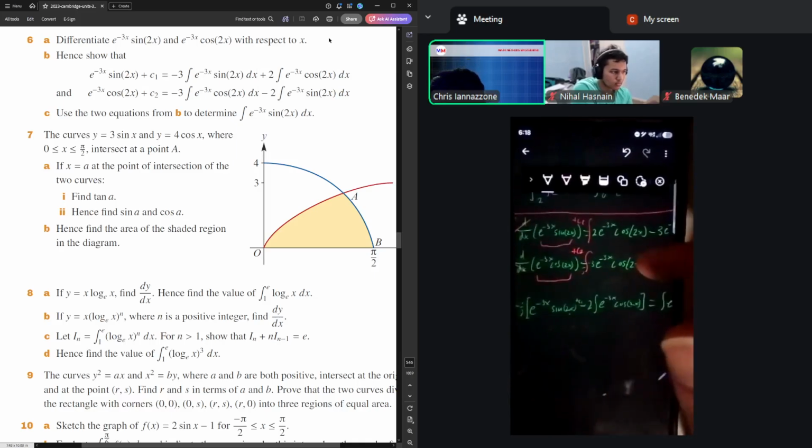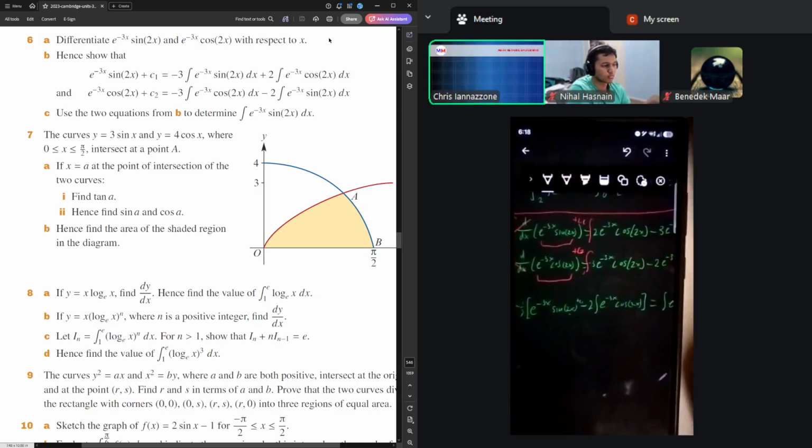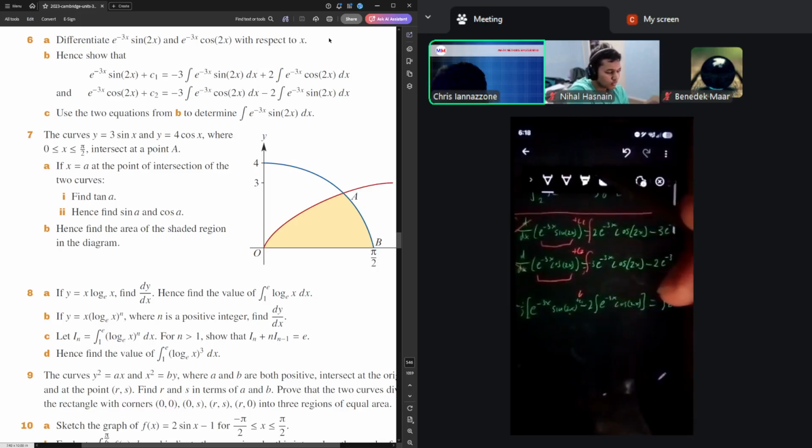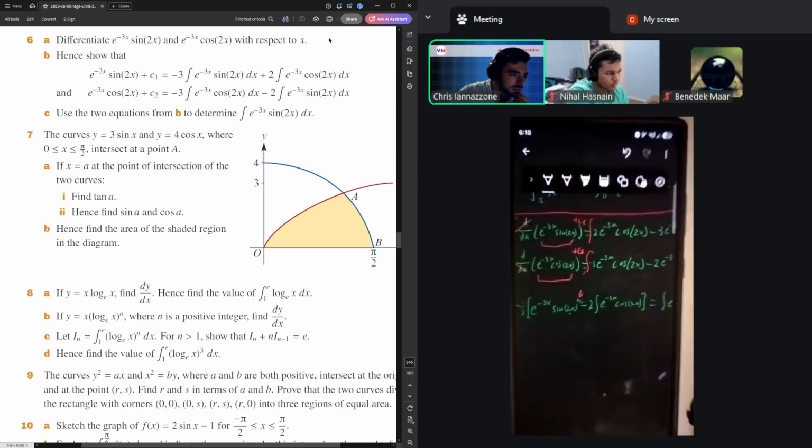Problem is this left hand side isn't fully simplified, especially given that we have a C1 in there. I wonder, do they actually need us to determine what C1 and C2 are?